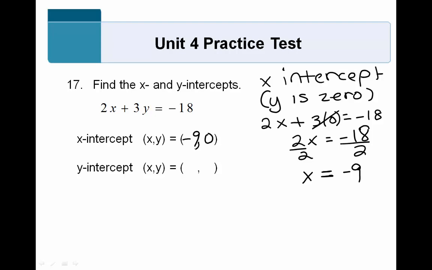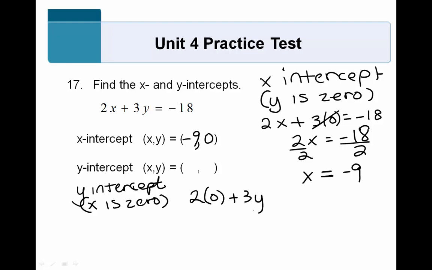For your y-intercept, we're plugging in 0 for x. So we're going to have 2x, or 2 times 0, plus 3y equals -18. 2 times 0 is 0.